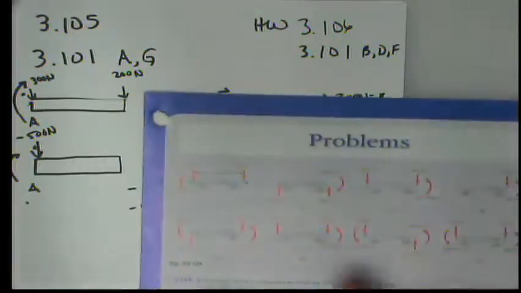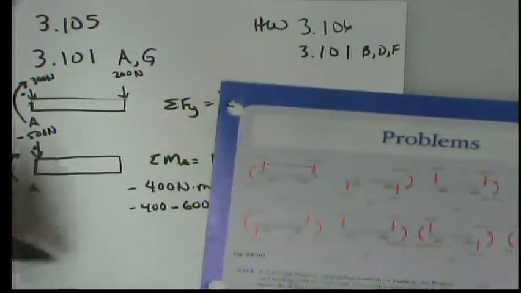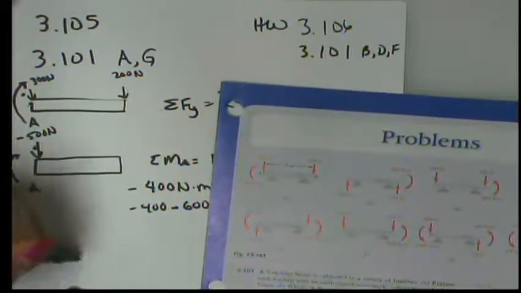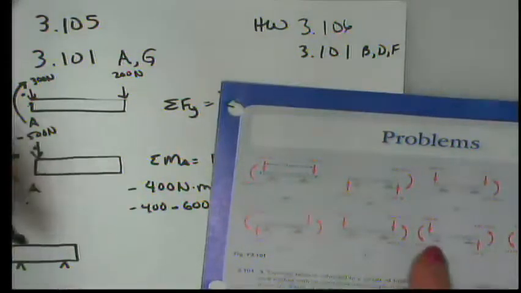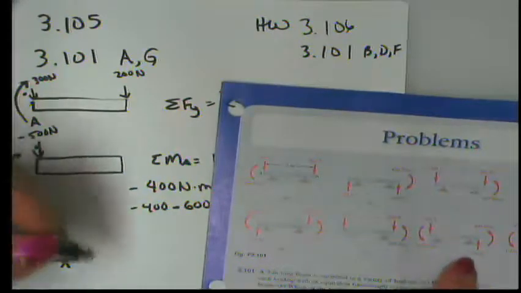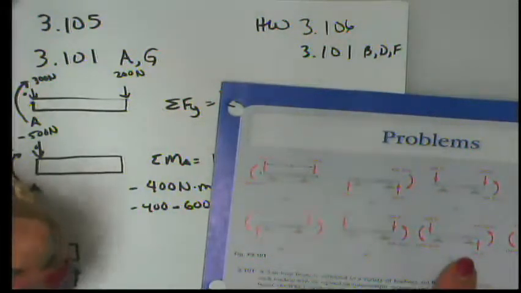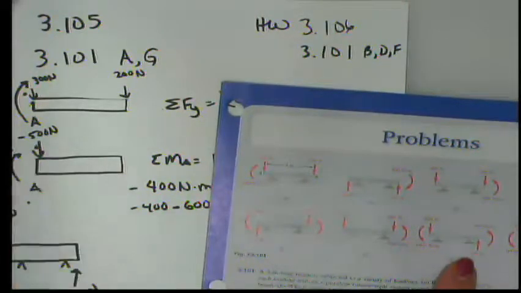All right, so for problem G, we have a beam with supports. We have an 800 Newton force applied here at A. We have a 300 Newton force applied upward at point C, which of course is 3 meters away.